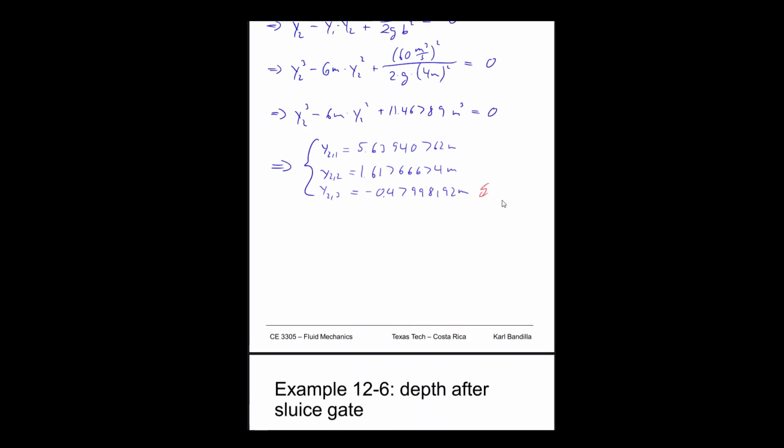So you can say y before is the deeper one, because it's subcritical, 5.64 meters, and y after is the lower one, which was 1.62 meters. So before the gate it's subcritical, after the gate it's supercritical.